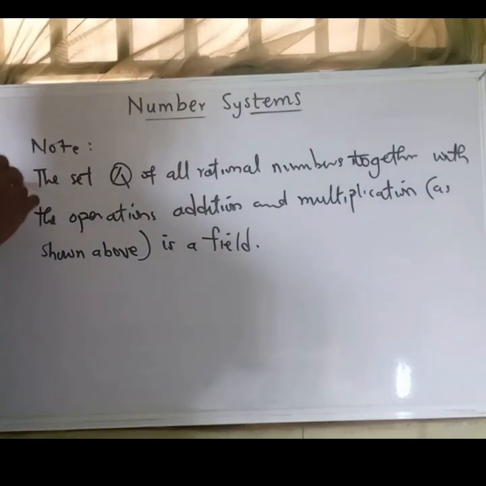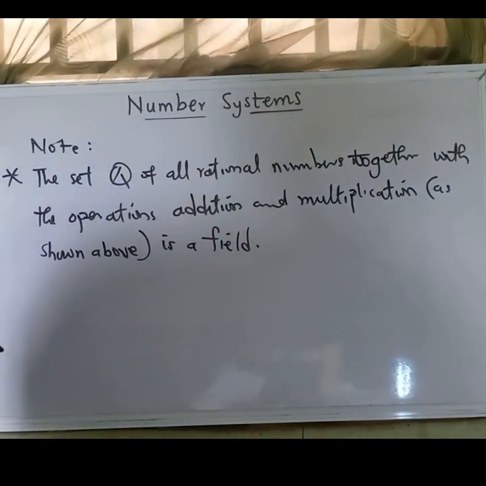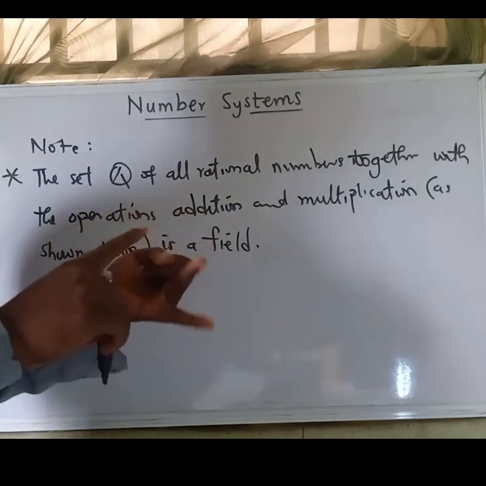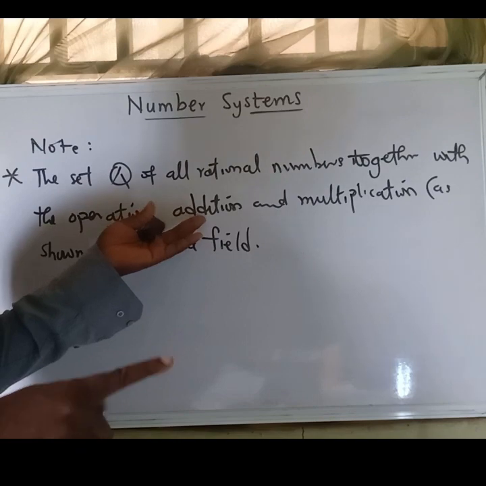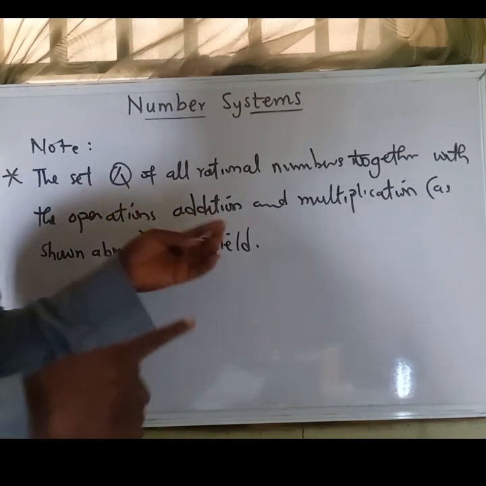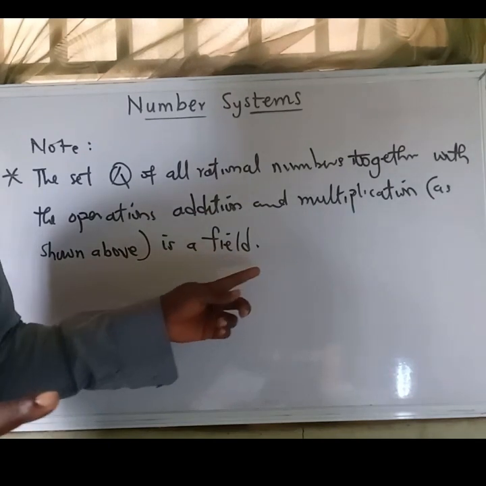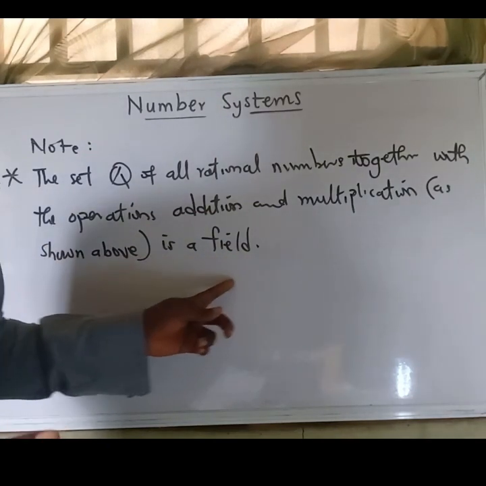So we have to note this. As explained, under addition we have said closure property, commutativity, identity, and inverse. The same thing for multiplication, and these are attributes of the field axioms.